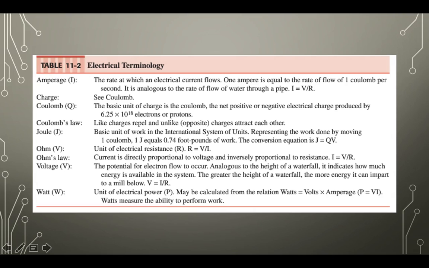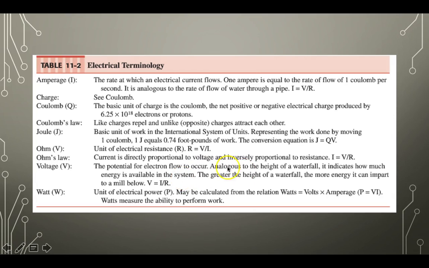The ohm, that should be an R, not a V. So this should be resistance, which is R. It's the unit of electrical resistance. The resistance is equal to the voltage over the current, or the amperage. So Ohm's law is that current is directly proportional to the voltage and inversely proportional to the resistance. You saw that in the video, and we'll talk about that more coming up. Then the voltage is the potential for the electron flow to occur.